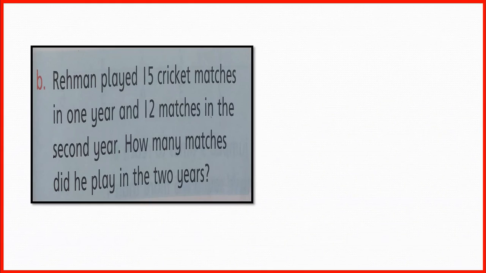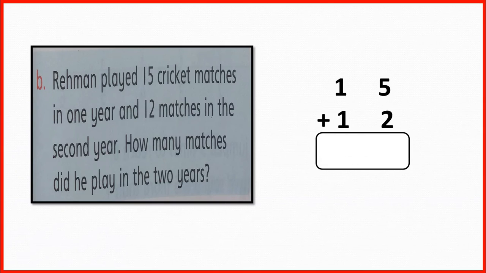The next one is: Rahman played 15 cricket matches in 1 year and 12 matches in the second year. How many matches did he play in the 2 years? Let's add to find. He played 15 matches in 1 year and 12 matches in the second year.